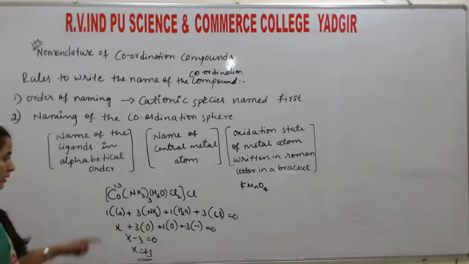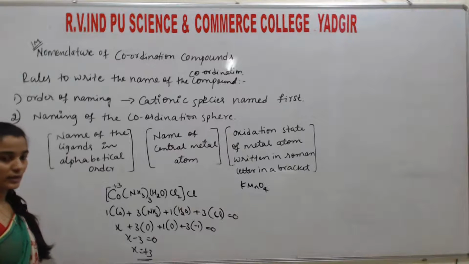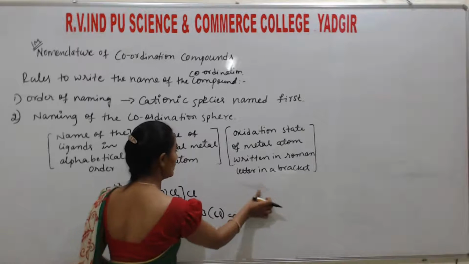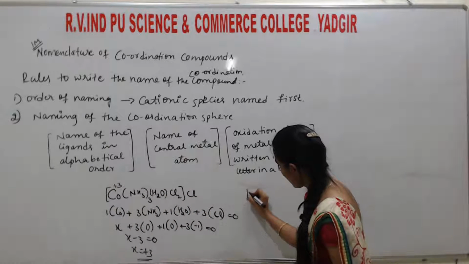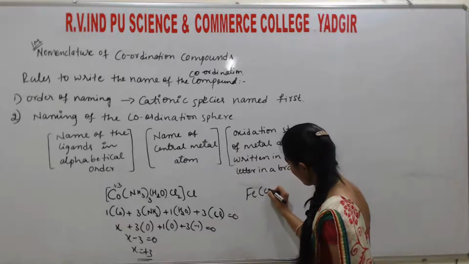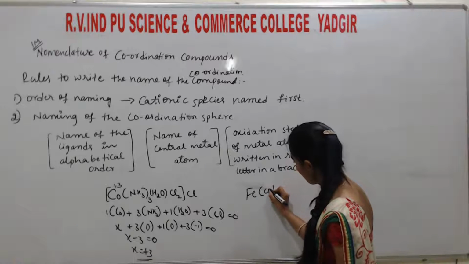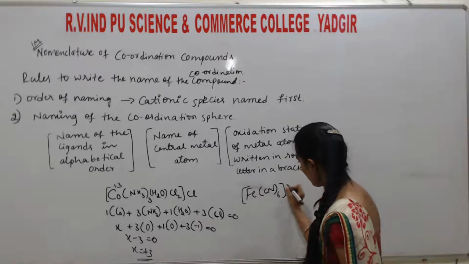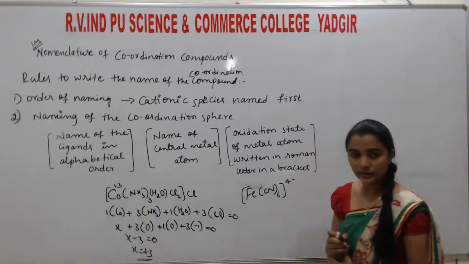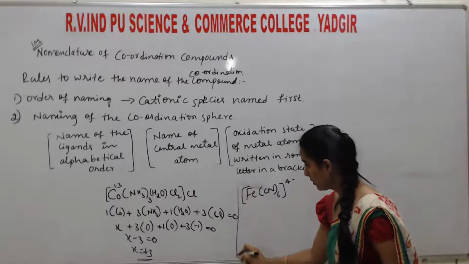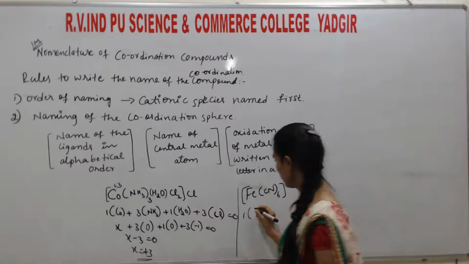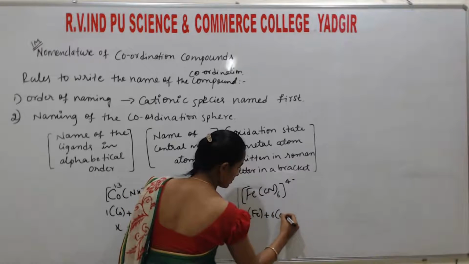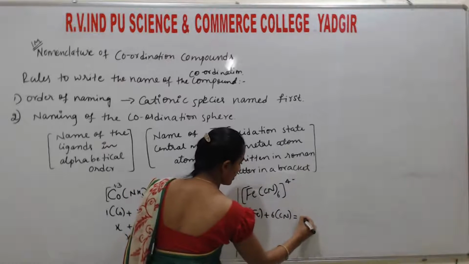This is the way to calculate the oxidation state. Similarly, if the complex is with a charge, that is Fe Cl6 with 4 minus. So 1 into iron plus 6 into Cl is equal to how much charge?